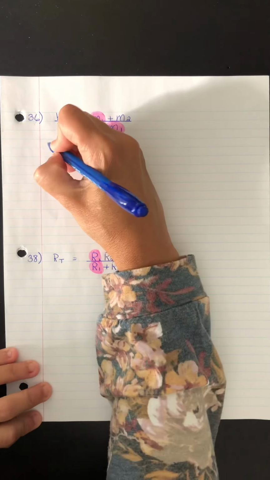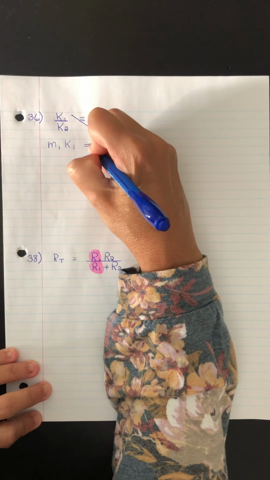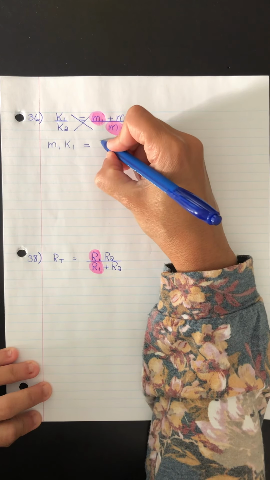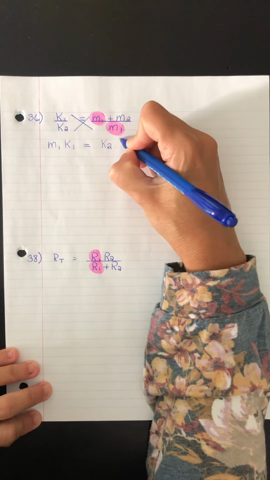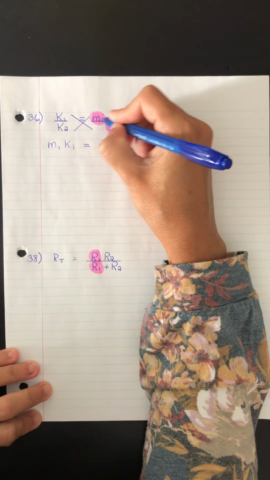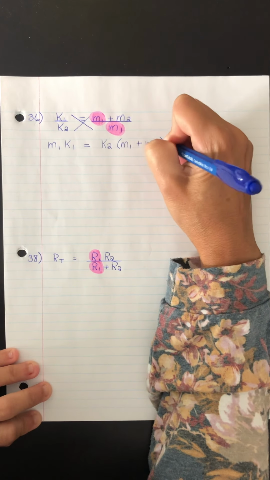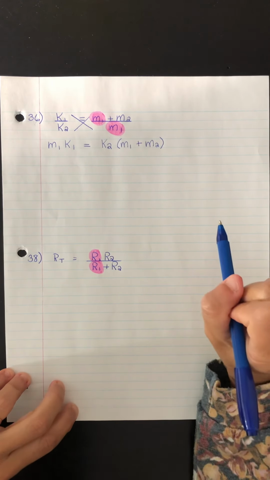Then we will have m1 times k1 equals, now go this way, and it's k2 times, we need a bracket here, m1 plus m2. Like that. We need a bracket because it's two terms, a binomial.